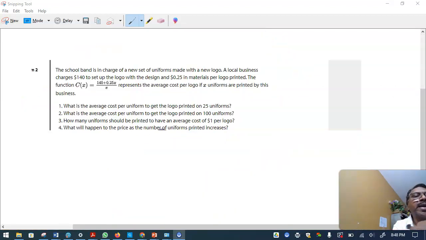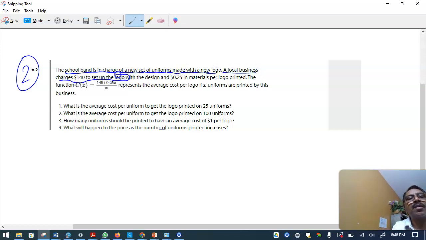Okay, so the second problem is the school band is in charge of a new set of uniforms made with the new logo. The local business charges 140 to set up. That means the logo setup itself is a one-time cost. So if you write the slope-intercept form mx plus b, clearly this part is 140 here.